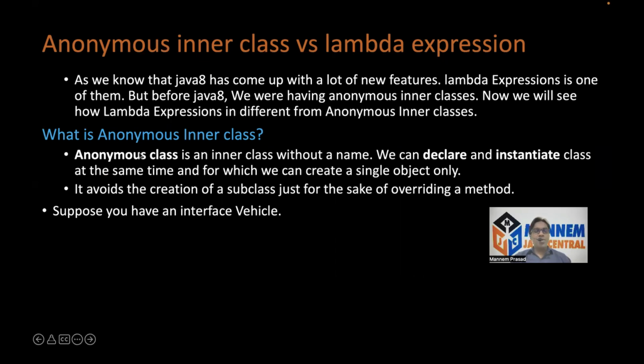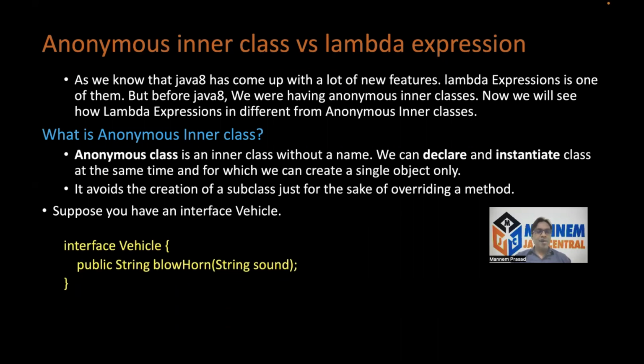So we can understand these two sentences with a small snippet of code. Suppose you have an interface Vehicle. Let's say I have a Vehicle interface, and this Vehicle interface contains a method blowHorn. This method is taking sound as a parameter.